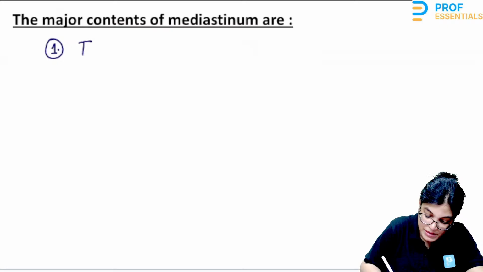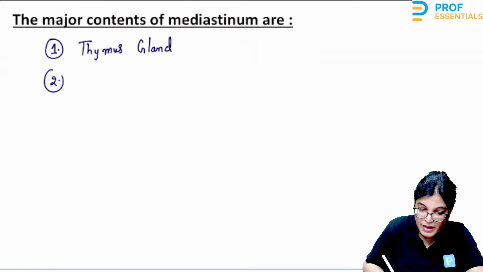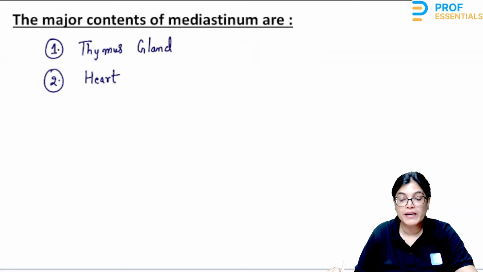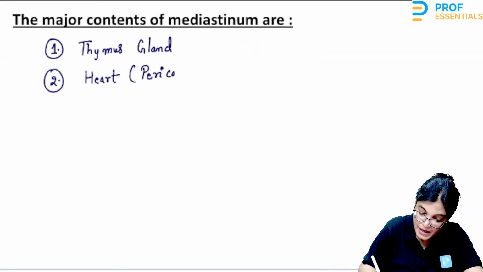We have the thymus gland. We have the heart. The heart is enclosed in the pericardial sac.